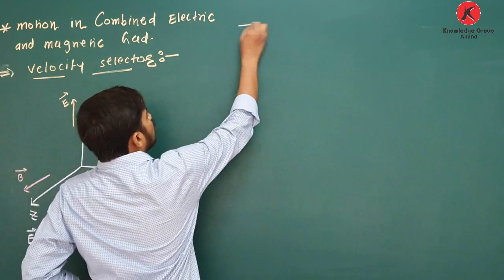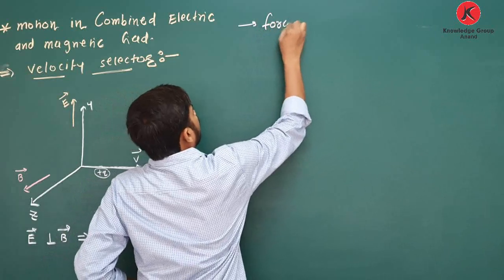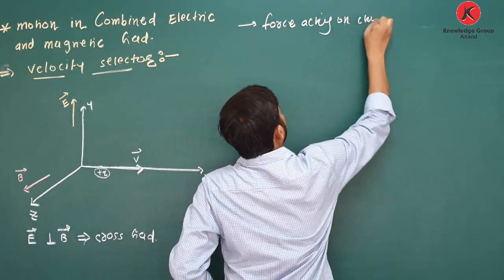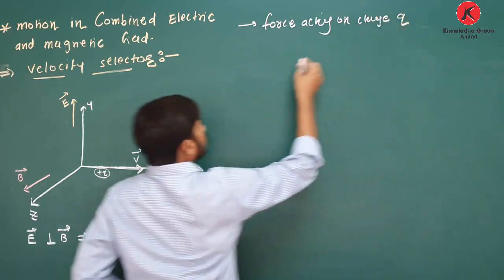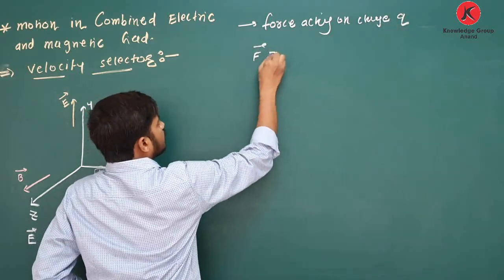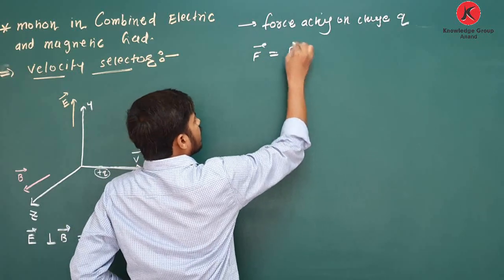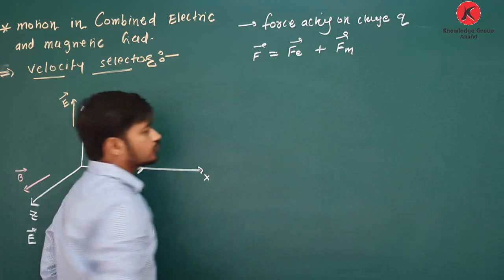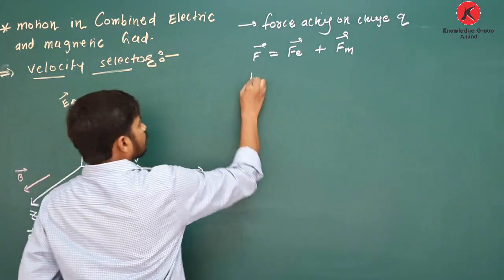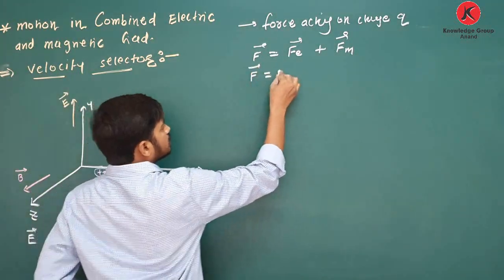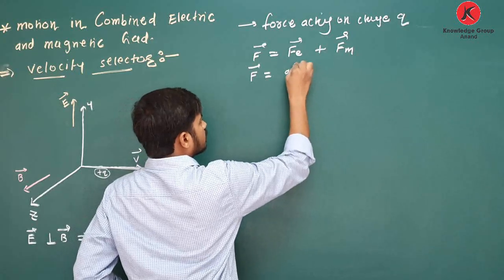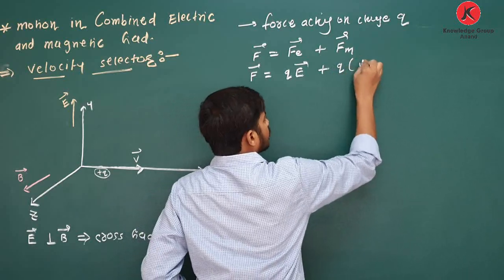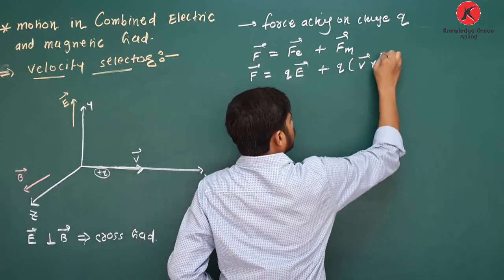See, here, force acting on charge Q: F is equal to Fe, electric force, plus Fm, magnetic force. Yes, F is equal to, what is the equation? It is QE plus, what is the equation of magnetic force? It is Q V cross B.